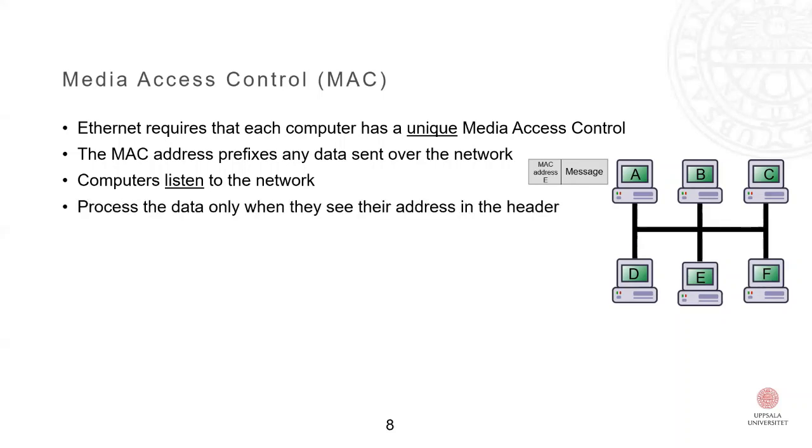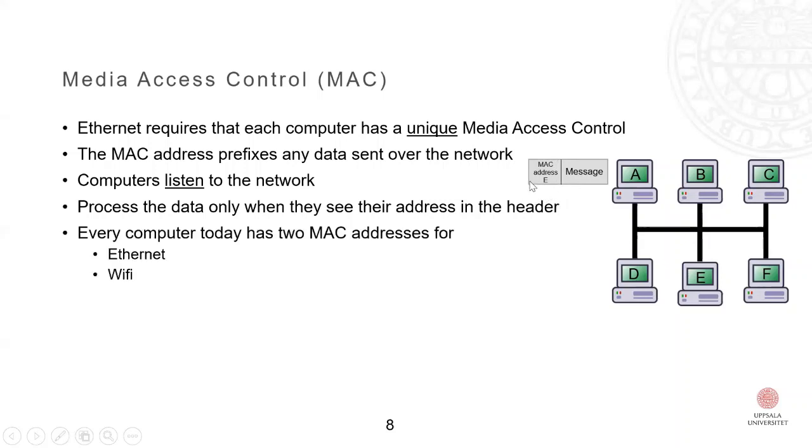And if they detect that some data is being sent, then they only process it when they see that their MAC address is at the beginning of the message. So they only pick the messages that belong to them. And every computer nowadays has two MAC addresses, one which is used for Ethernet and the other which is used for Wi-Fi.